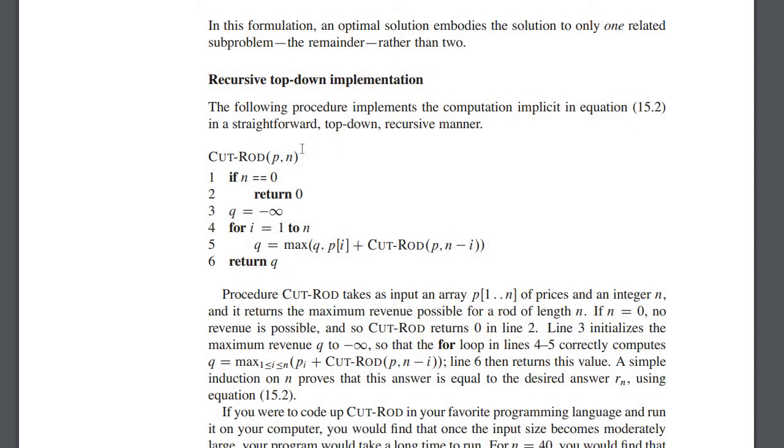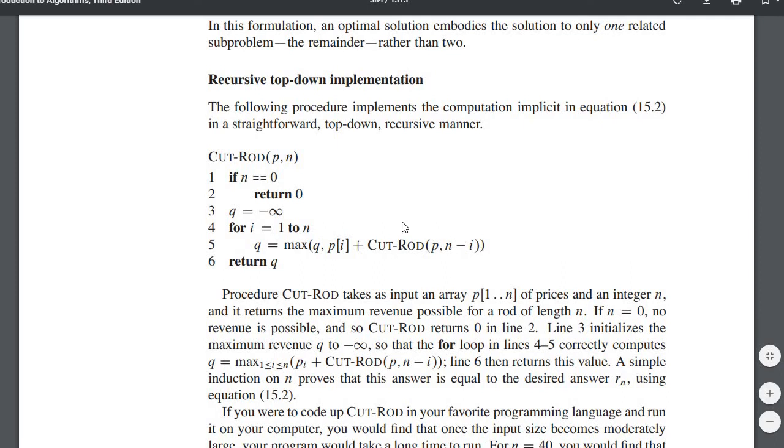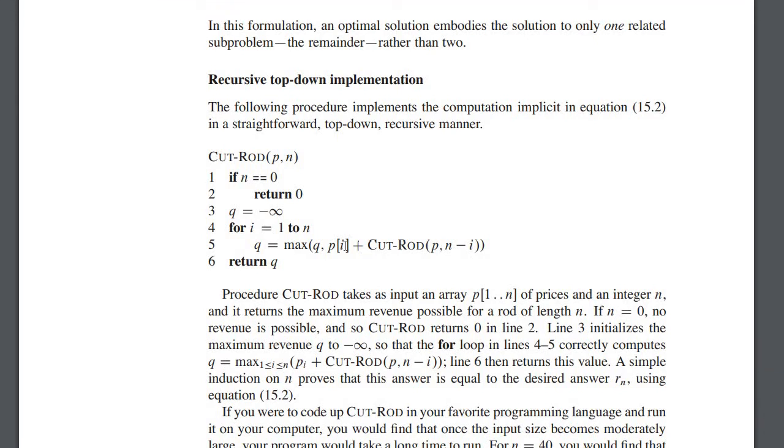Once it becomes 0, we know that if n is equal to 0, it starts returning values. So I will get the value of 0. When I receive the value of 0 over here, what shall be the value of p i? At that time, i was basically 1, and p of i means 1. 1 plus 0 is equal to 1, and q was minus infinity.